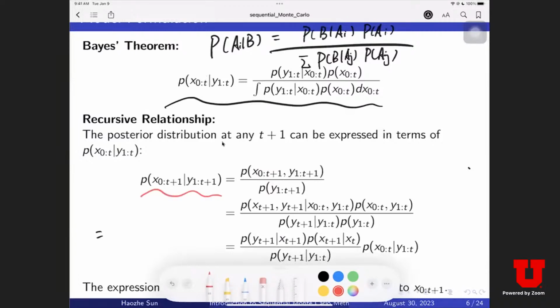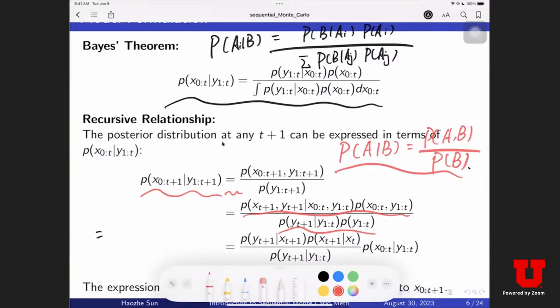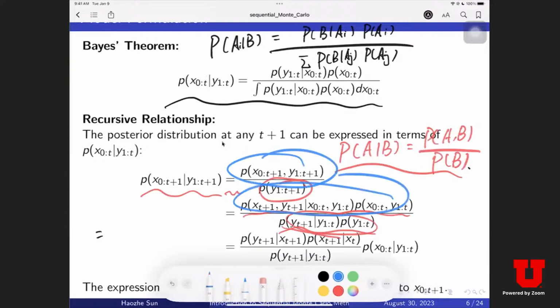We can get these equations because of P(A|B) equals P(AB) divided by P(B), right? And we can find that this one and this one are also because of these equations, right? It is P(Y) equals this, and this one equals this one. Oh, it's too messy.